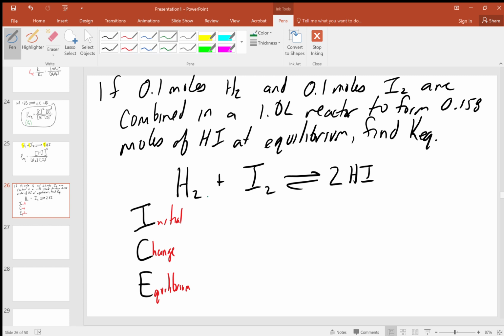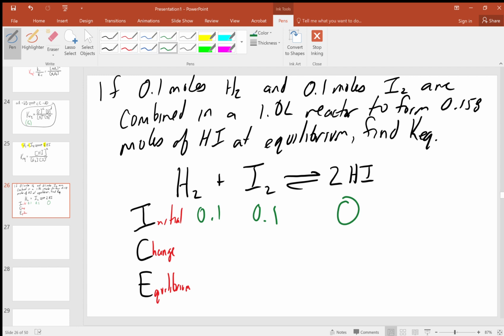So our initial number of moles of hydrogen and iodine, as well as their molarities, is 0.1. How much HI did we start with? We start with none.